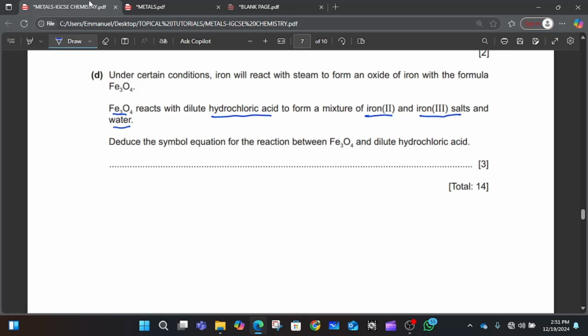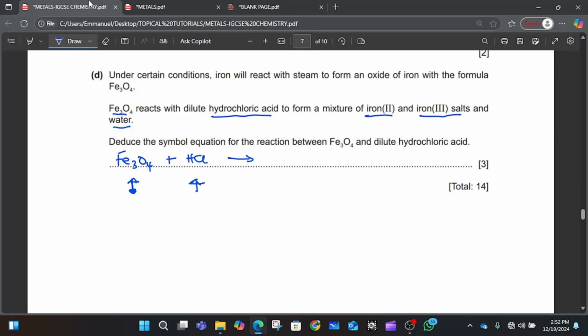Deduce the symbol equation for the reaction between Fe3O4 and dilute hydrochloric acid. So we have Fe3O4 plus dilute hydrochloric acid HCl, giving us now. This Fe3O4 is a basic oxide and HCl is an acid.